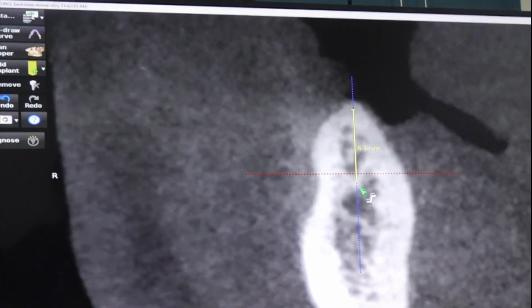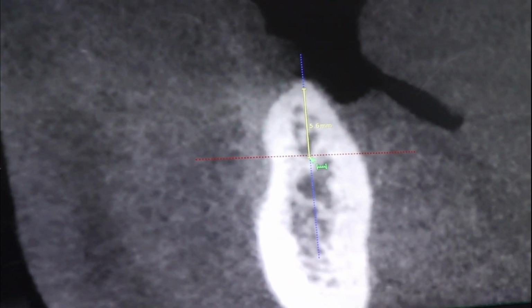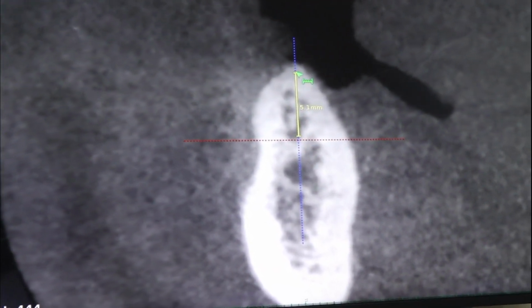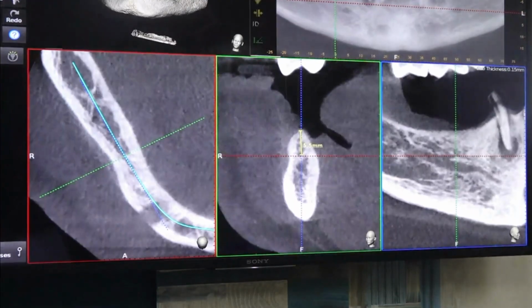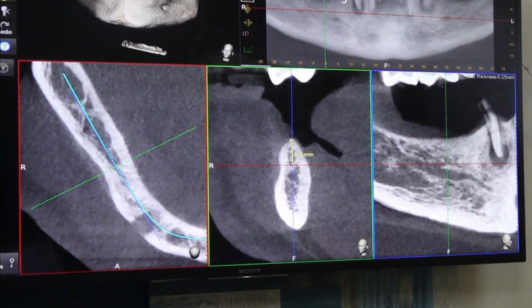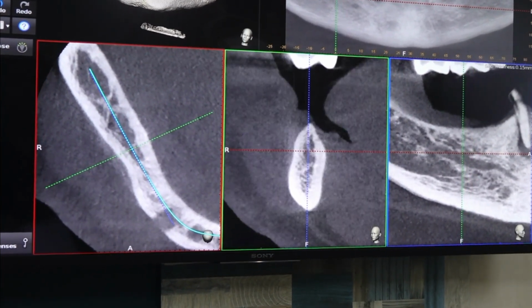Around 6 mm. If you leave 1 or 2 mm safety distance for the canal, you may get 5 mm. Okay. So what to do? We will see in the 6th region.